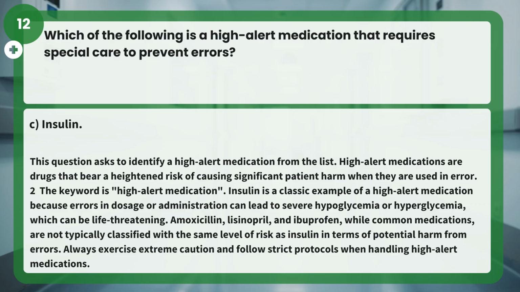Amoxicillin, lisinopril, and ibuprofen, while common medications, are not typically classified with the same level of risk as insulin in terms of potential harm from errors. Always exercise extreme caution and follow strict protocols when handling high-alert medications.